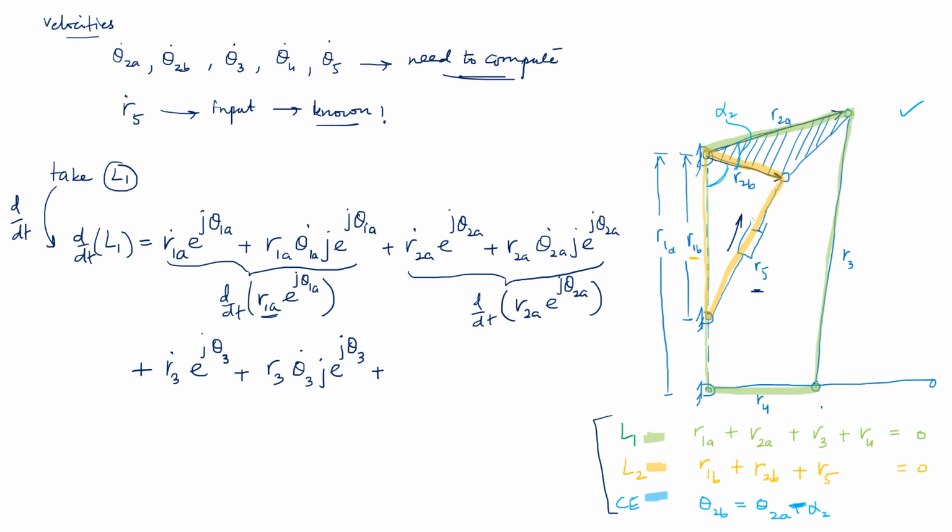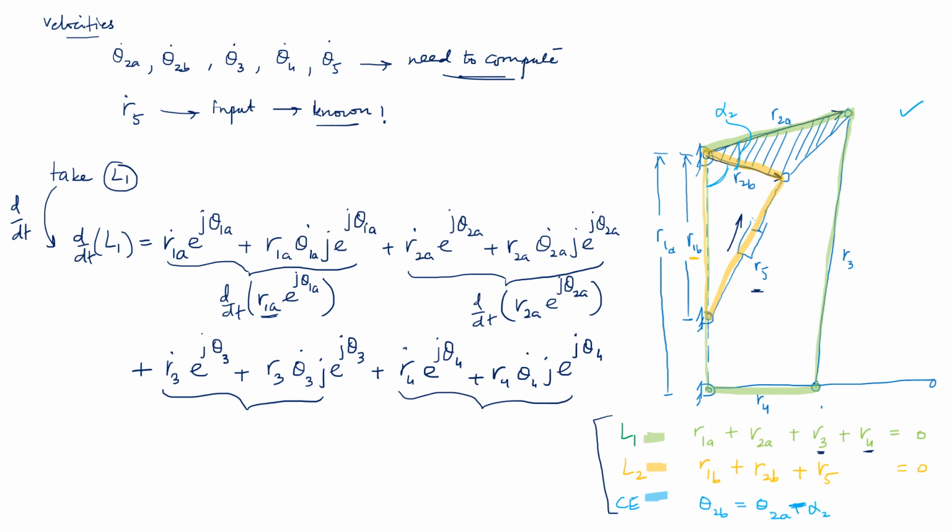Then you add this with R4 term, which is going to be R4 dot e raised to power j theta 4 plus R4 theta 4 dot j e raised to power j theta 4. And obviously you can see similarly both the terms corresponding to time derivative of R3 and R4 in the expression L1.